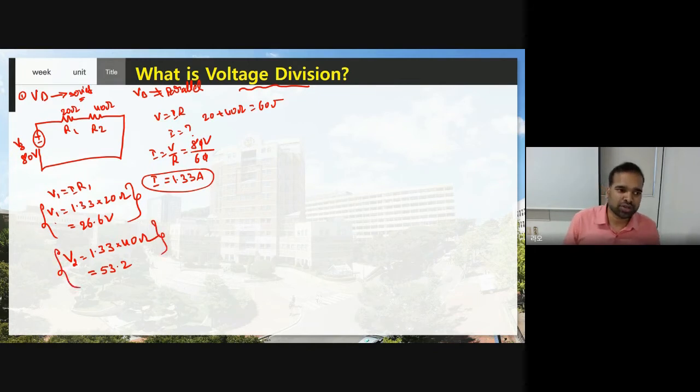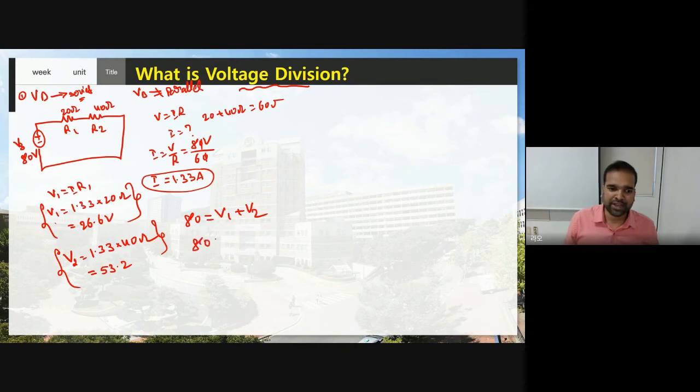Now what is the total voltage in the circuit? 80. This 80 volts is dividing into two parts: there is a voltage drop at R1 and a voltage drop at R2. So I can add the voltage drops at R1 and R2.